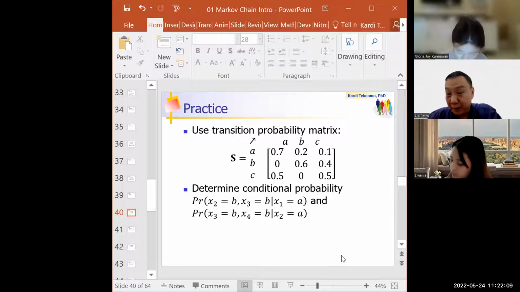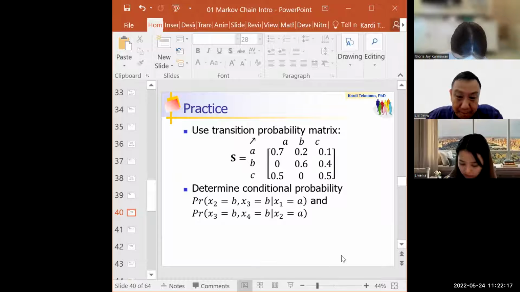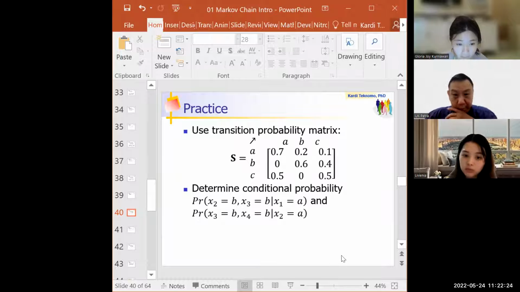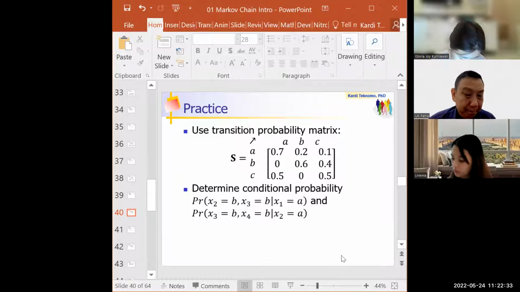This is a prediction, basically. The result is 0.12. Very good.